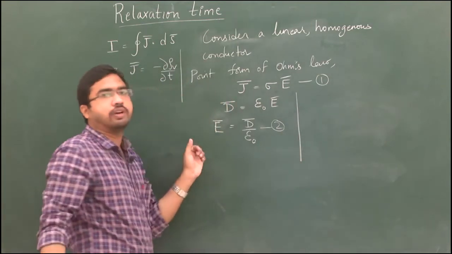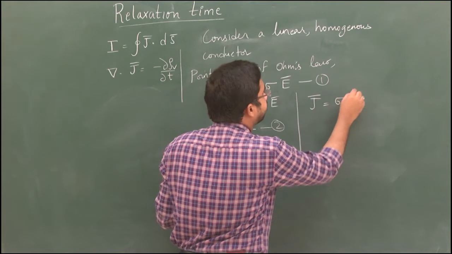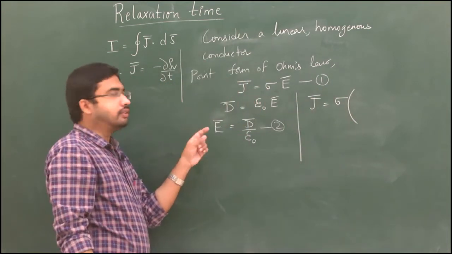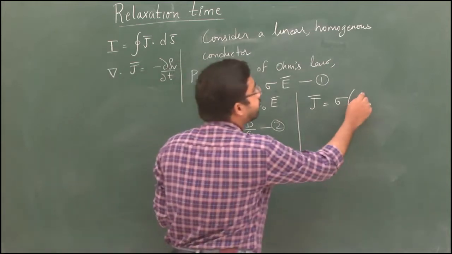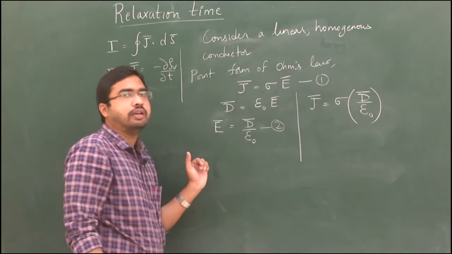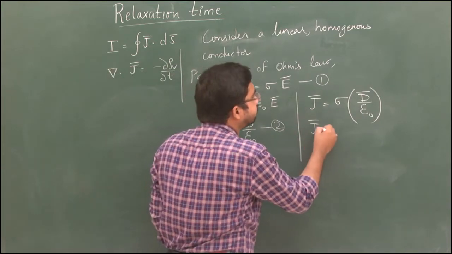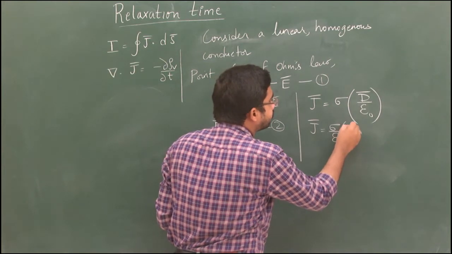After substituting, what do you get? J bar is equal to sigma into E bar, that is D bar by epsilon naught. So J bar is equal to sigma by epsilon naught into D bar.